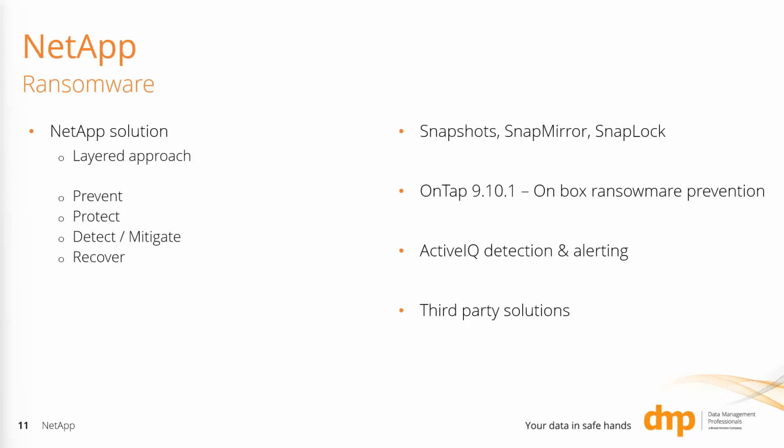In the latest release of ONTAP, there's also on-box ransomware protection. Apologies for the typo. And well, basically, it detects your normal behavior, and when something is out of the ordinary, it immediately alerts you that something is happening. And the software also sends some metadata to NetApp, what they call Active IQ.